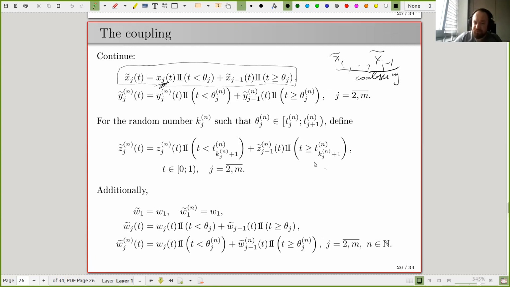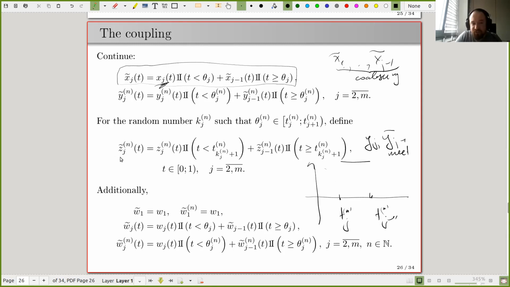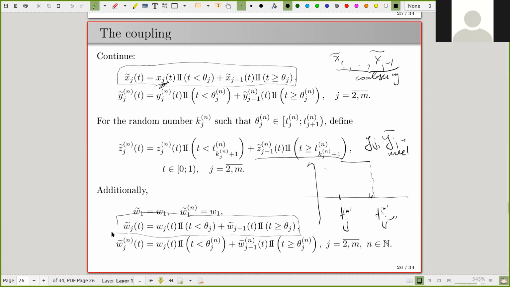So if we have some interval in our partition where our y's meet, we allow z tilde_g to live as z_g up to the right end of this interval, and only then we switch to our new z tilde_{j-1}. For this to make sense, we also need to introduce new Wiener processes. The first one is for x's, and the second one is for y's and z's.